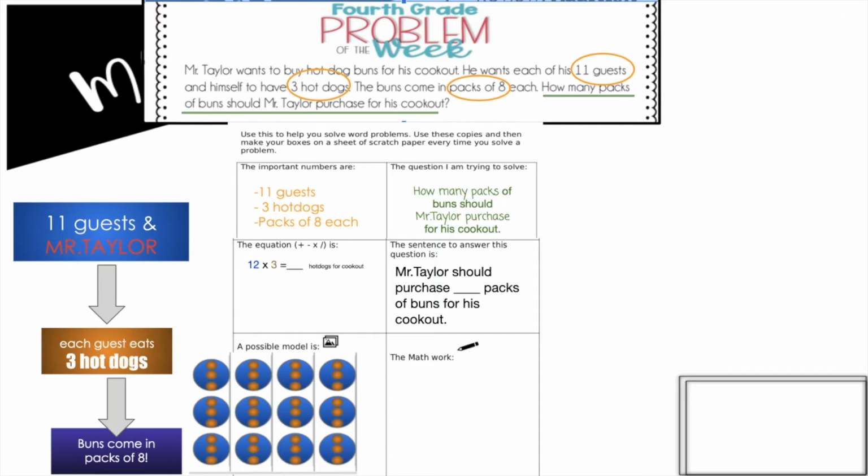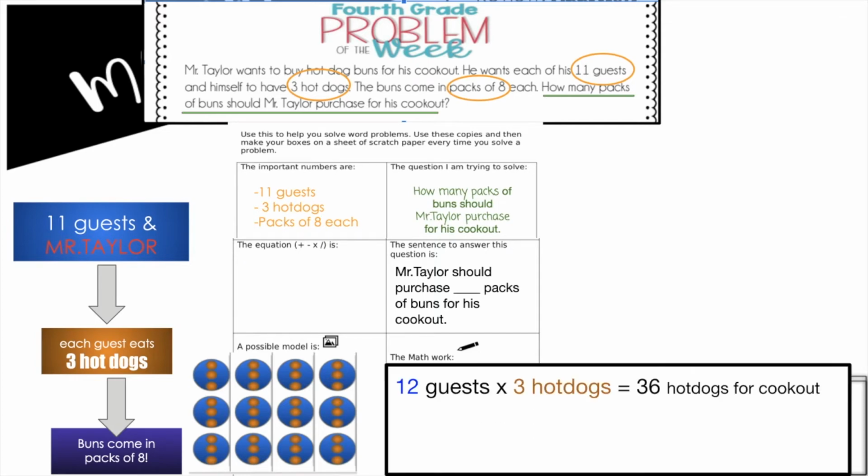So first step is, you want to come over here and know that 12 guests times 3 hot dogs is going to get you 36 hot dogs. If you sat here and counted 1, 2, 3, 4, 5, 6, 7, 8, 9, and you know 9's in this row, and there's how many in the column, and how many of these are there?